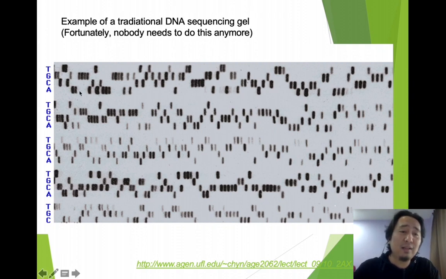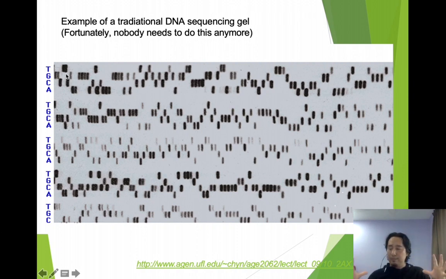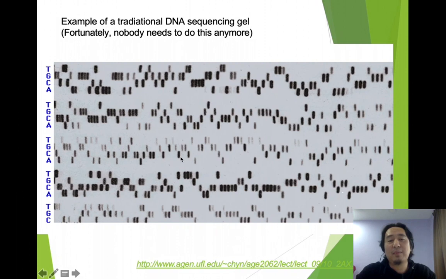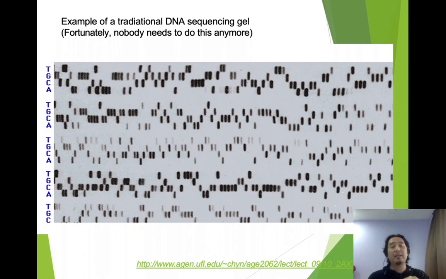With this method you needed a big gel electrophoresis setup, used a lot of gels, and the electrophoresis needed to be done in proper conditions so you could separate all the bands accordingly. It is long and laborious. Luckily we do not need to do this anymore, everything is automated now. It is easy, you just put in the sample with labelled dNTPs, it fires a fluorescence laser and reads it. So the first one is A, second one is T, and so on.